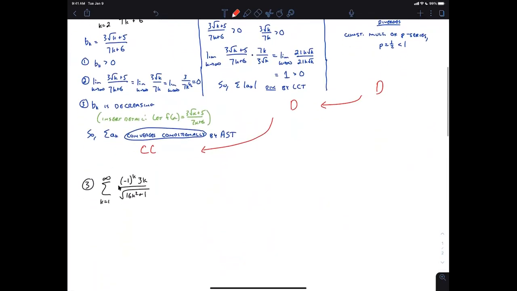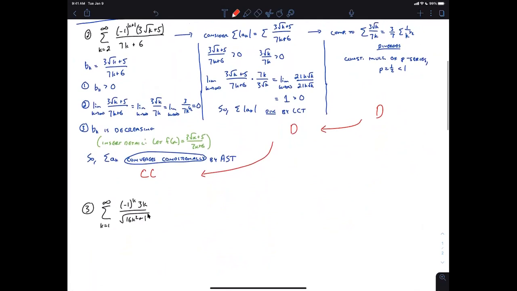So this problem, if we got over here, you would have K over the square root of K squared, which is K over K, and that's 1. So the way we work it out is we say, the limit as K approaches infinity of the absolute value of AK.